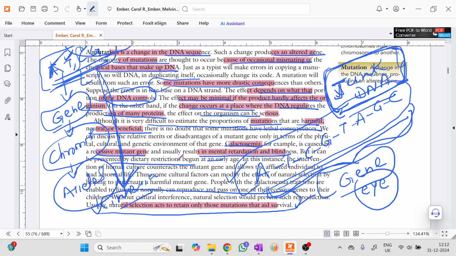If a particular mutation acts on fertility, because most of the mutations which affect sex cells or gametes usually produce infertile individuals, those infertile individuals will not produce any offspring. So such mutant genes will not transmit to further generations, and in that case, the mutation itself will die off.